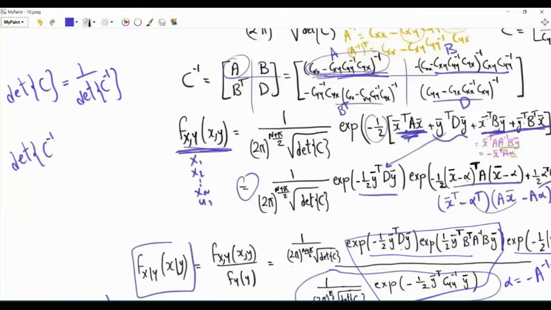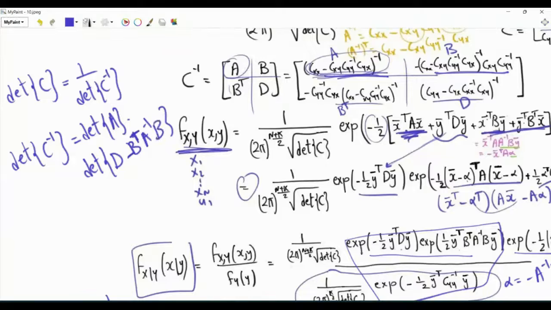And the determinant of C inverse, if it's written using this type of partitioning, is the determinant of A times the determinant of the Schur complement of A. And so this will be D minus B transpose A inverse B. So there is an expression for matrices that are partitioned as such, and basically we take the determinant of A times the determinant of D minus B transpose A inverse B.